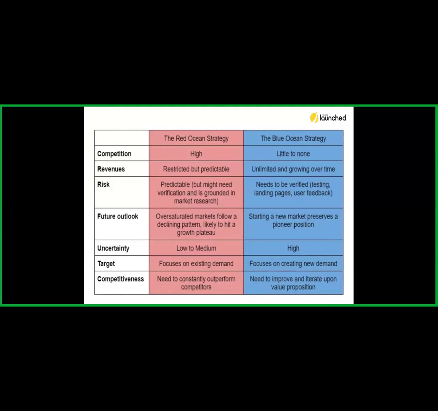Future outlook: red ocean strategy is oversaturated. Markets follow a declining pattern, likely to hit a growth plateau. Oversaturated markets means that the market has reached its highest capacity.